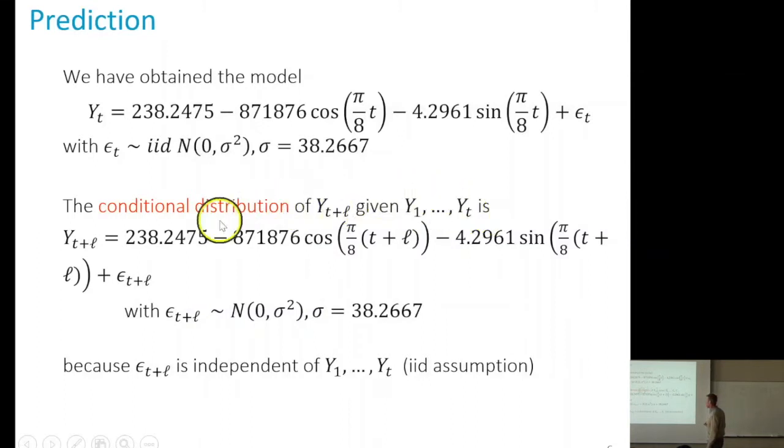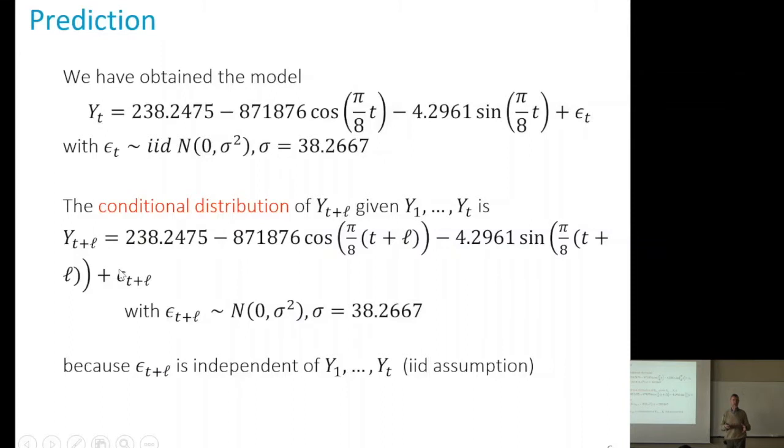What is it? Well, first let us write what y_{t+L} is. y_{t+L} is the same as this, where we replace t by t+L. So those are all big constants with respect to randomness, plus epsilon_{t+L} here. So forget about the conditional distribution. This is the equation for y_{t+L}.